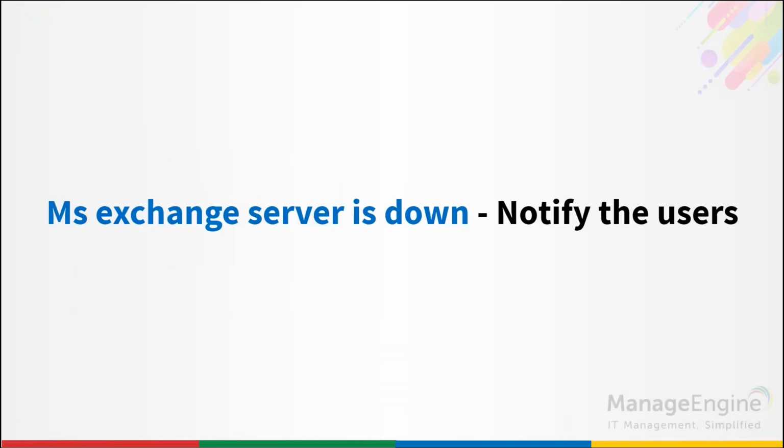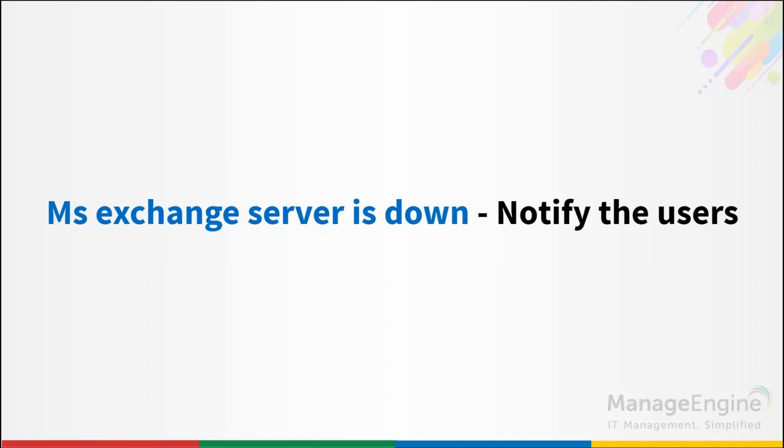As system administrators, we are always used to managing critical situations. Consider a case where your Microsoft Exchange server is down and all your end users start creating troubleshooting requests saying my Microsoft Exchange server is not working.